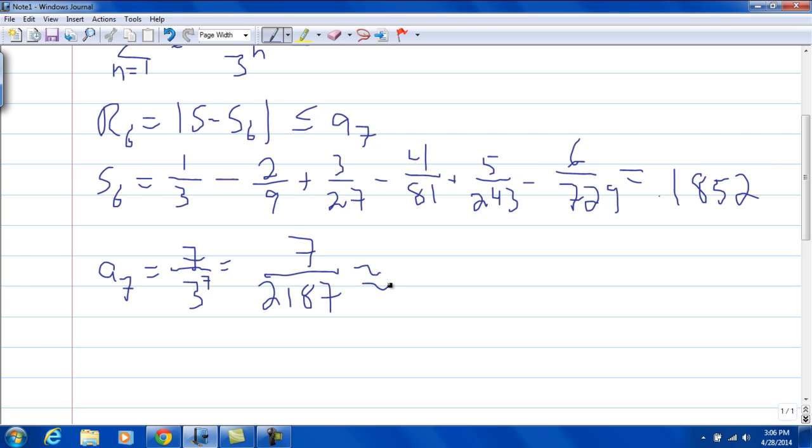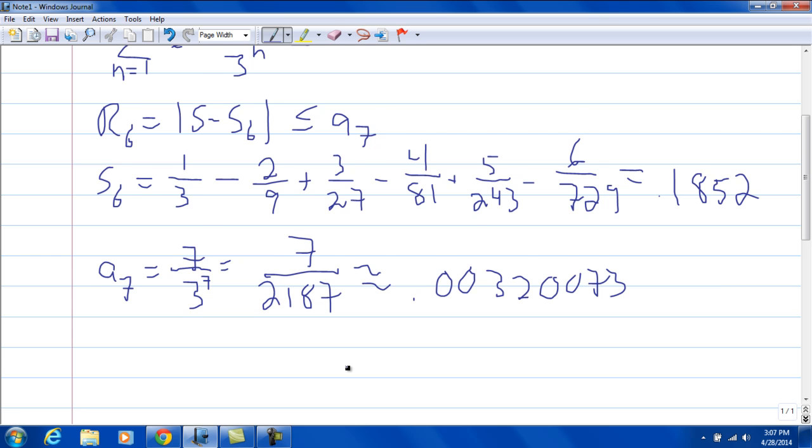And that's approximately 0.00320073. Now I almost think, let me read the book directions because I think these are the online directions. Book says with error less than 0.001.